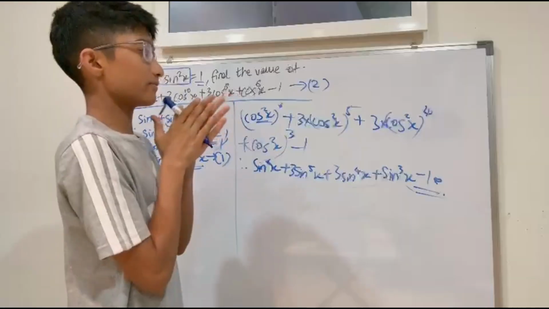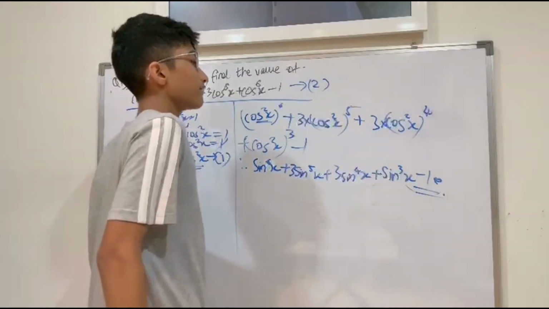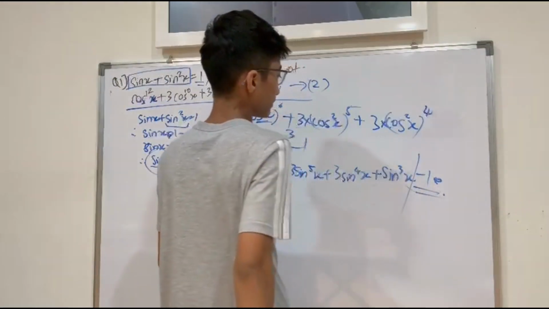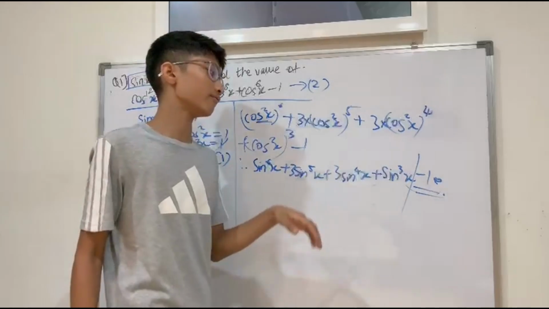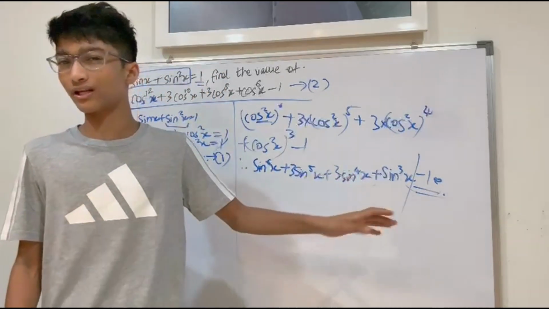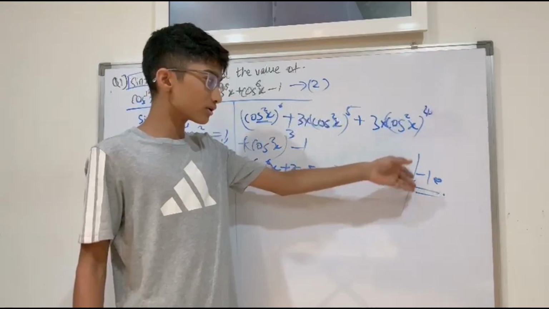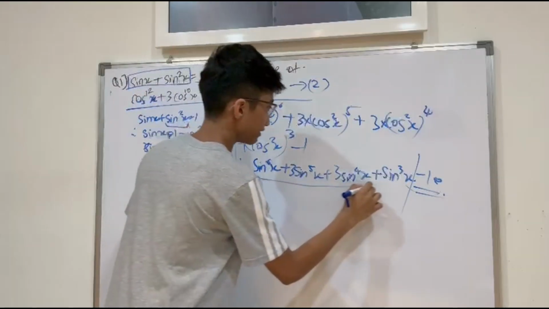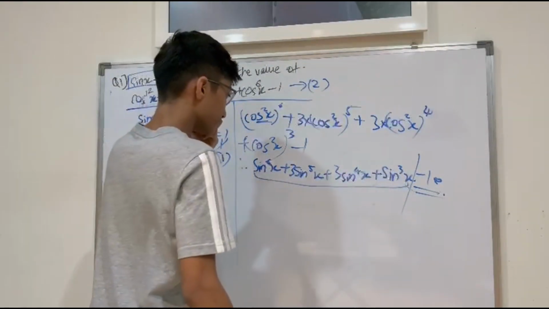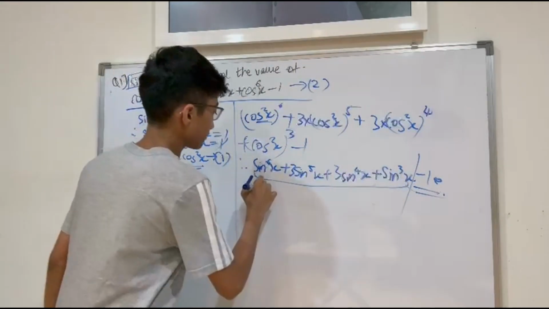You might notice something here. If you just ignore this minus 1, I mean we're not cutting it out or anything, and look at this right here, we can take sine cube x common from here.